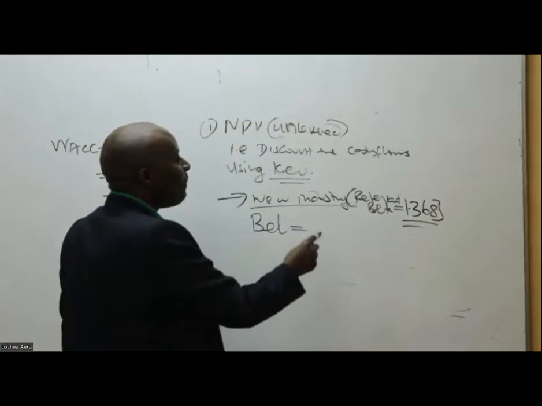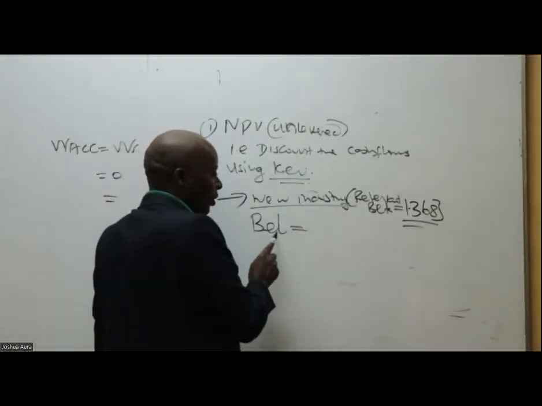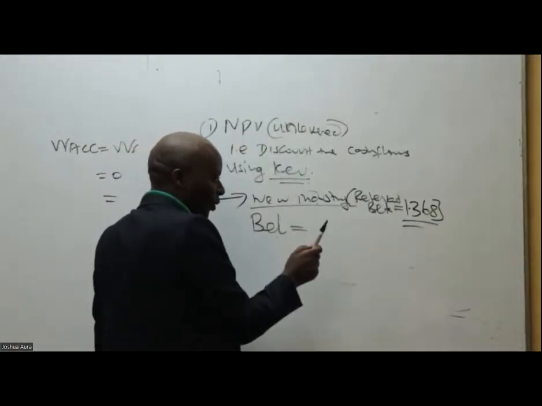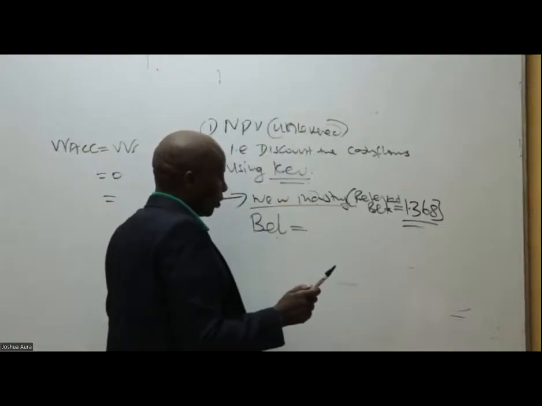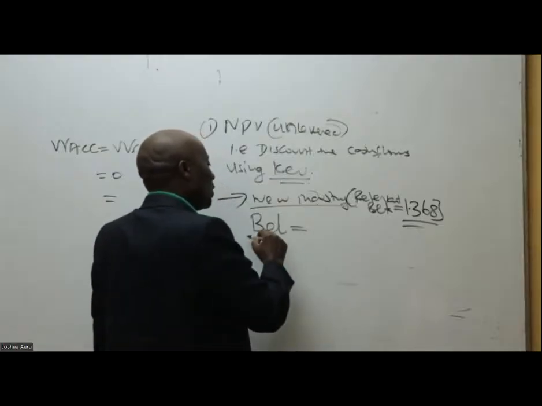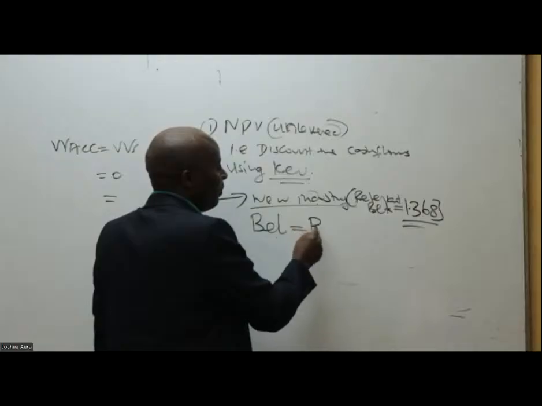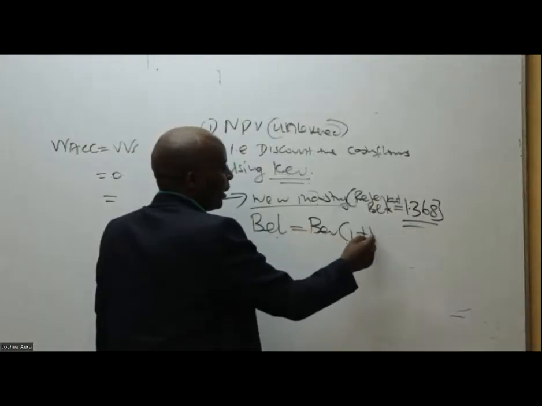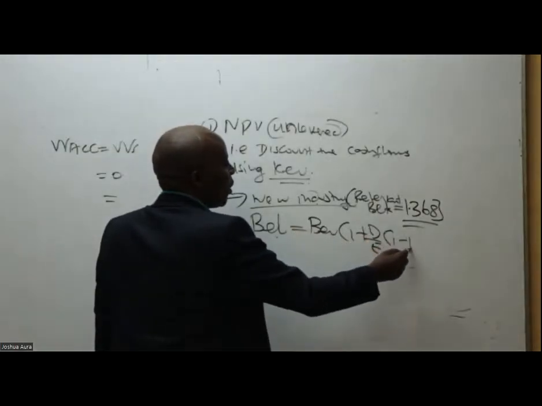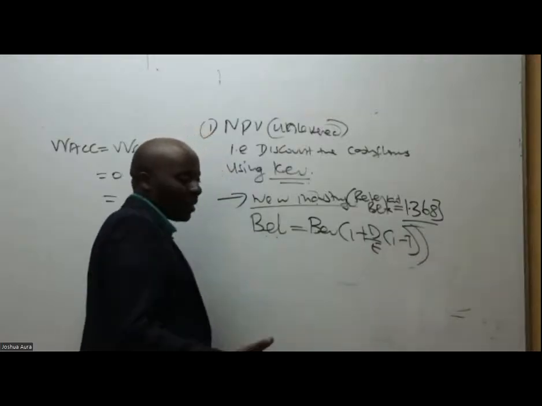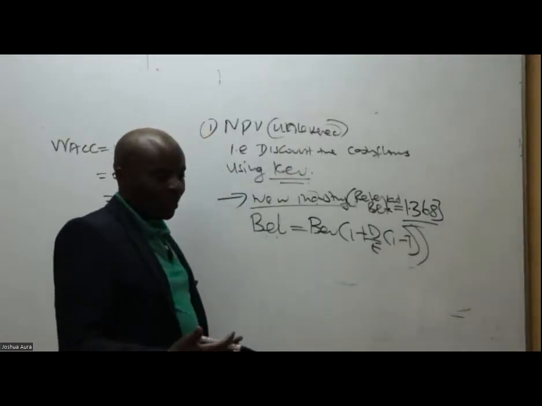And of course, it will be beta equity levered, because the industry has debt. So then, using the Hamada model, give me the beta equity unlevered. You know, these are low-hanging fruits. Already I'm getting marks even without knowing what I'm doing.